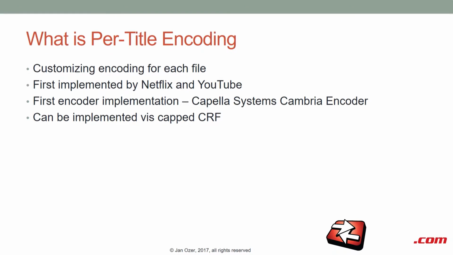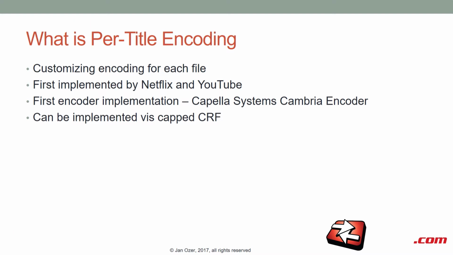Soon thereafter, YouTube revealed their schema, which is a neural network-based schema, pretty intelligent, probably beyond the capabilities of most companies, but reinforcing the fact that per title encoding is the clear way of the future. And we saw the first encoder implementation early 2016, from a company called Capella Systems.